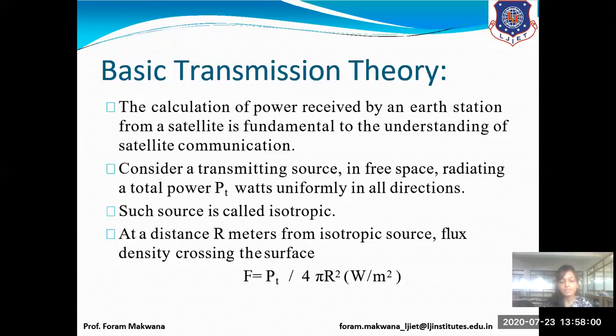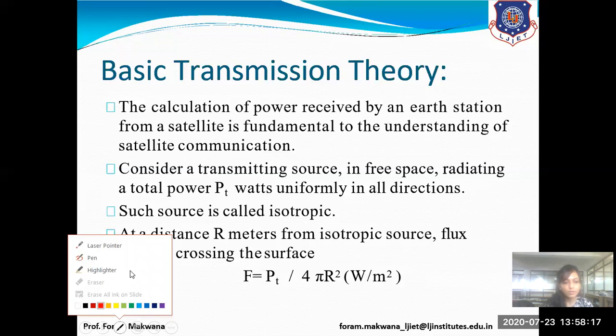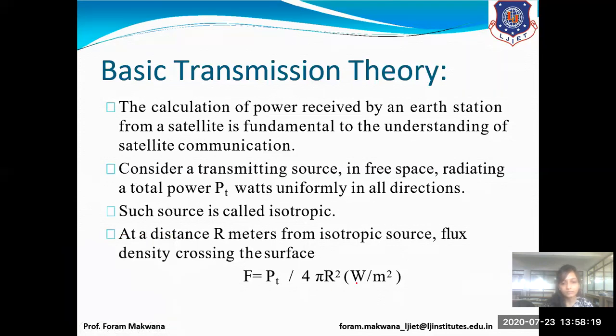It is represented as capital F. So capital F is represented as PT upon 4 pi r square, as it is a flux density. The unit is watt per meter square. This is the unit of saturation flux density, and this is the equation of saturation flux density.